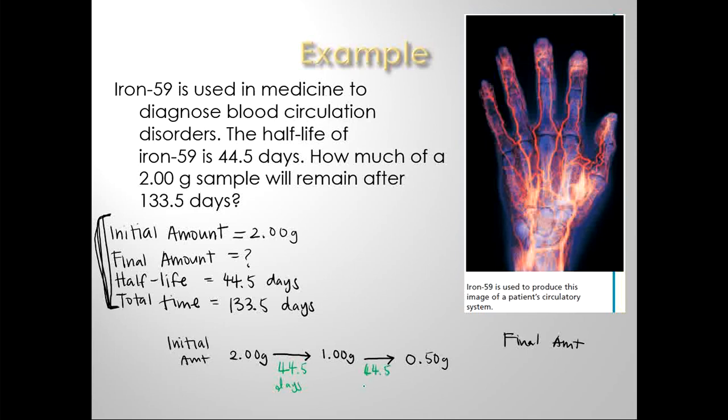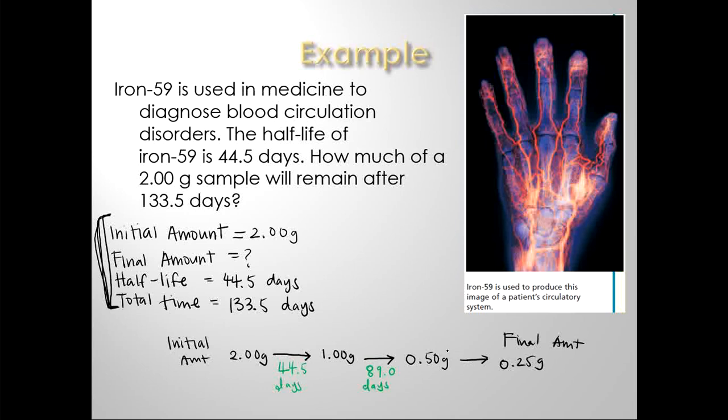But the total amount of days that it took is actually 89. So I'm going to write the total amount of days that passed by here. So we now have 89.0 days. In another 44.5 days, it's going to go through another half-life. And so we're going to write half of 0.5, which is 0.25 grams.